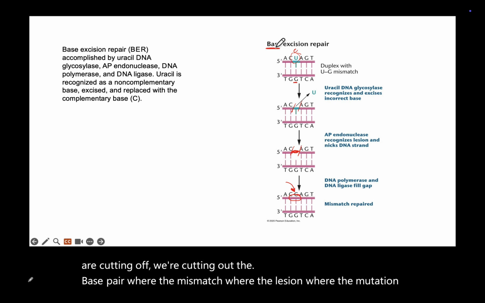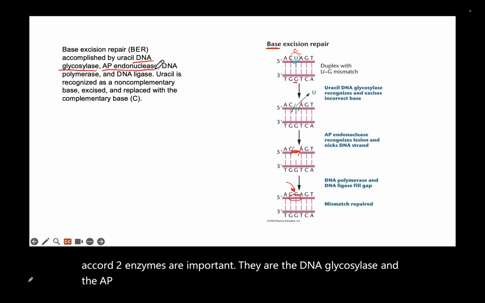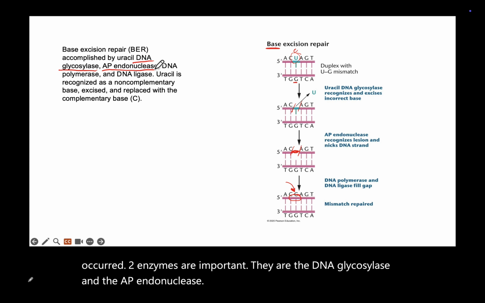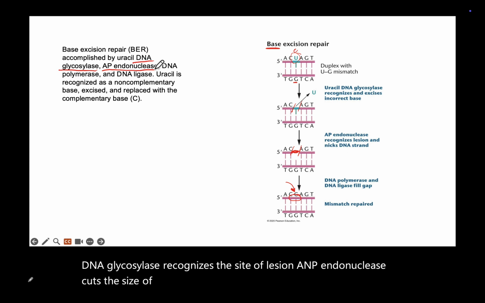Two enzymes are important. They are the DNA glycosylase and the AP endonuclease. DNA glycosylase recognizes the site of lesion. AP endonuclease cuts the site of lesion. Then you have DNA polymerase and ligase to repair that site.